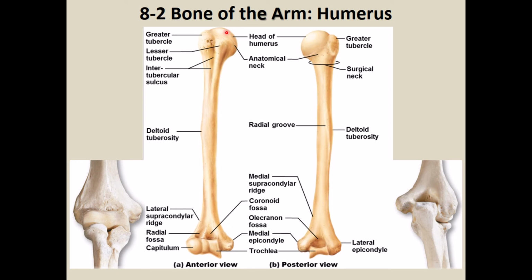So if I go back and I look at it, all these structures, you can see all of them are in the proximal view. And the head of the humerus is located medially. This is medial. Greater tubercle is located laterally.